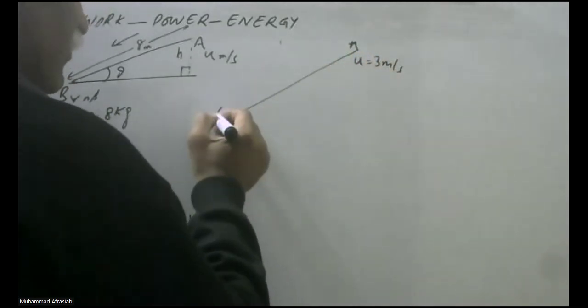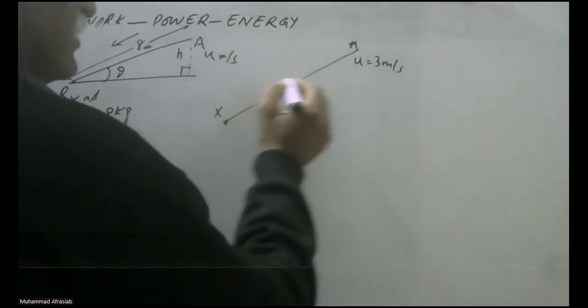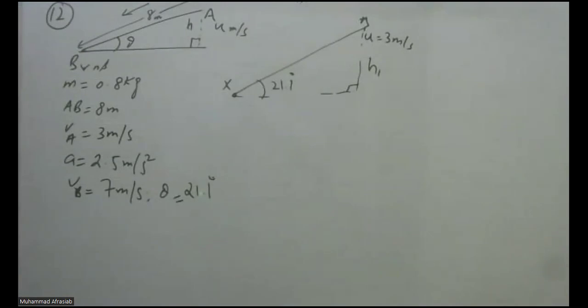It is going to move to the point X, and this is the new height obtained in this part, and the angle is 21.1 degrees, as calculated in the last part.